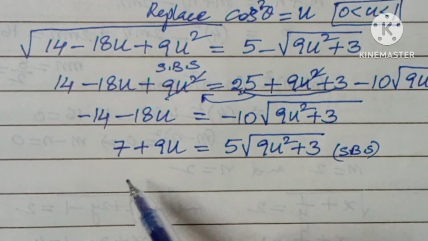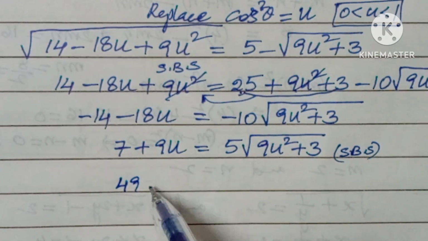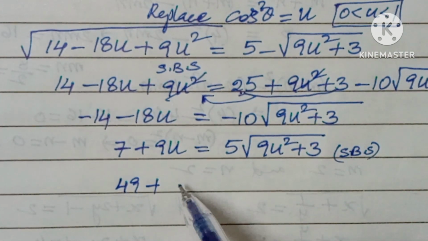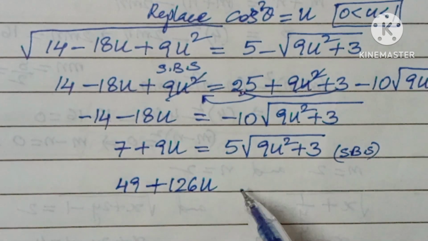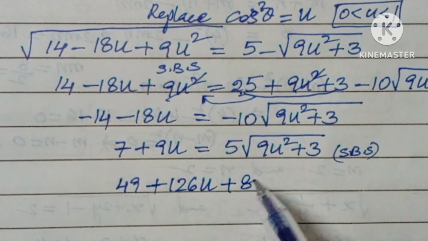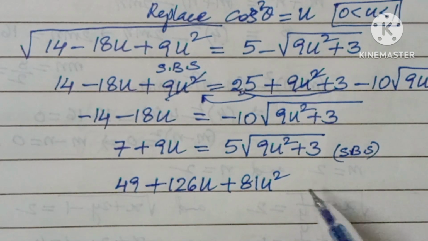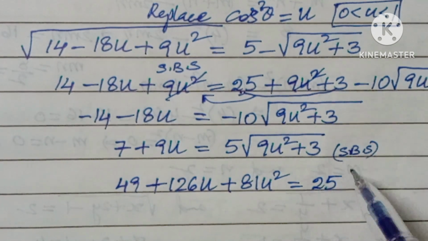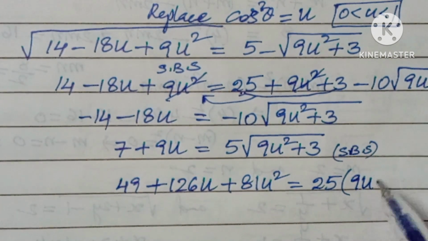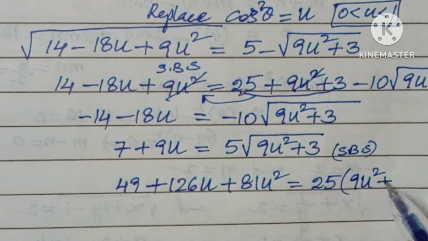Here you'll get 49 plus 126u plus 81u square is equal to 25 into 9u square plus 3.